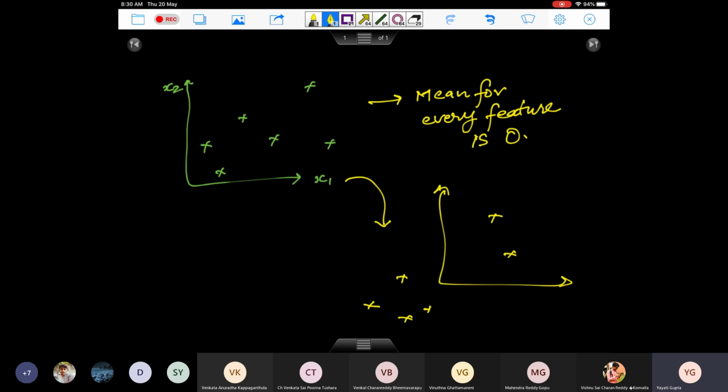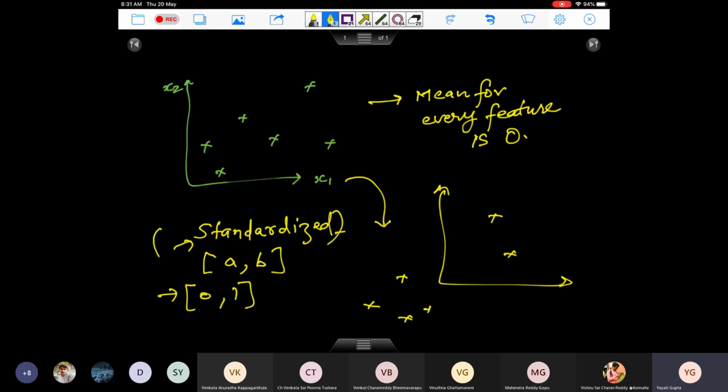While you are implementing this PCA, another thing that you should ensure is that the data is standardized. This means that all the features should be projected in a range, let's say A to B. Or more specifically, all the features are projected between a range 0 to 1 or -1 to 1.